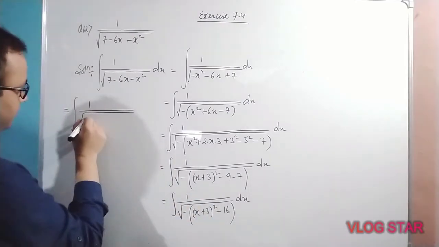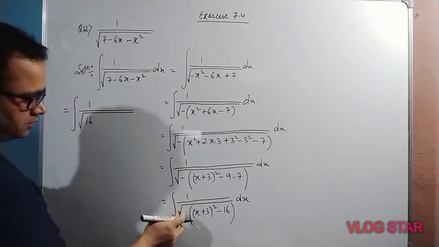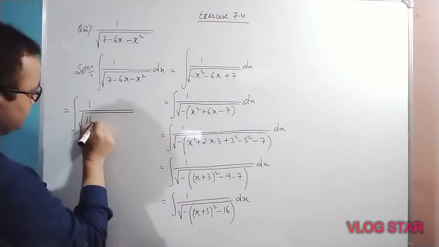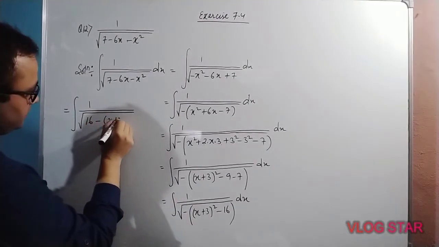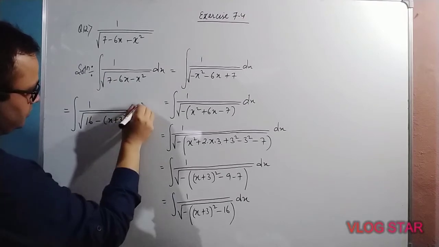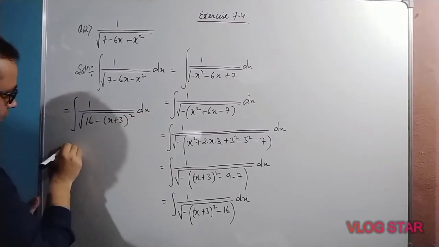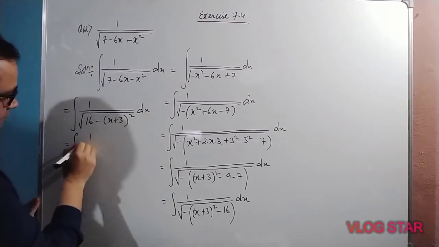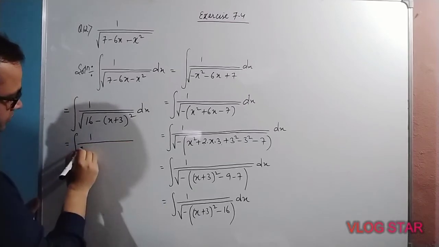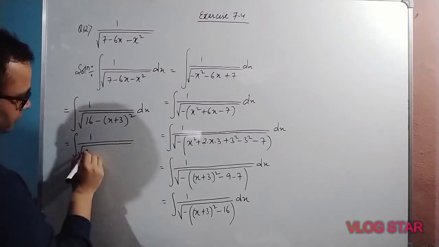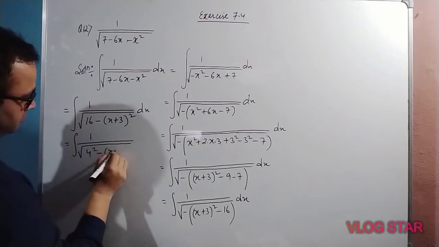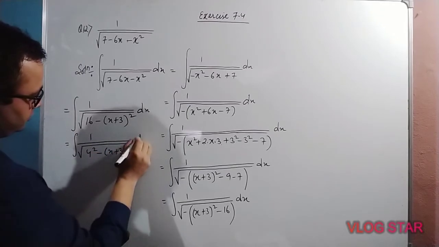First we will write plus 16, so plus, minus into plus is minus x plus 3 whole square dx. Now what is the square root of 16? It is 4, 4 square is 16. So 4 square minus x plus 3 whole square dx.